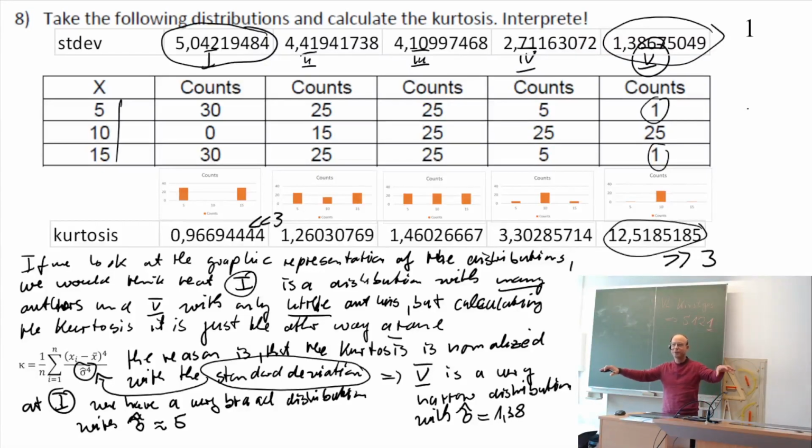So although in the middle we have no data point, these counts at 5 and 15 are still within one standard deviation.